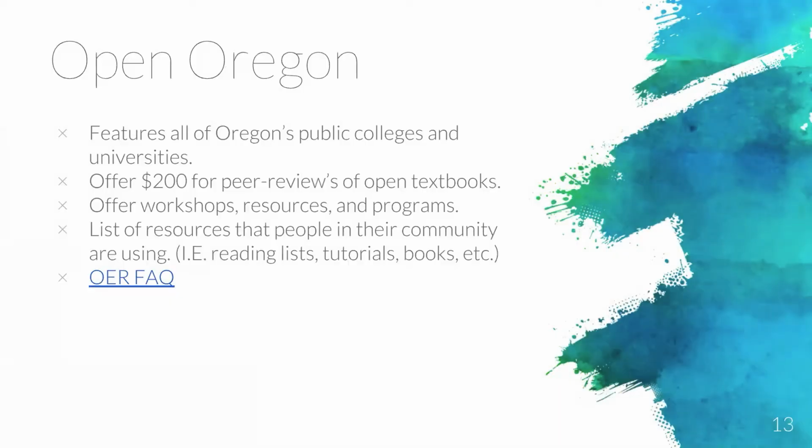So the next resource is Open Oregon, which is a really great institution, and it's by the state of Oregon, and it's a lot of their community colleges and their four-year universities. So it backs all of their colleges in the state and provides them support with the promotions of textbook affordability for community college and university students and facilitates widespread adoption of open, low-cost, high-quality textbooks for students.